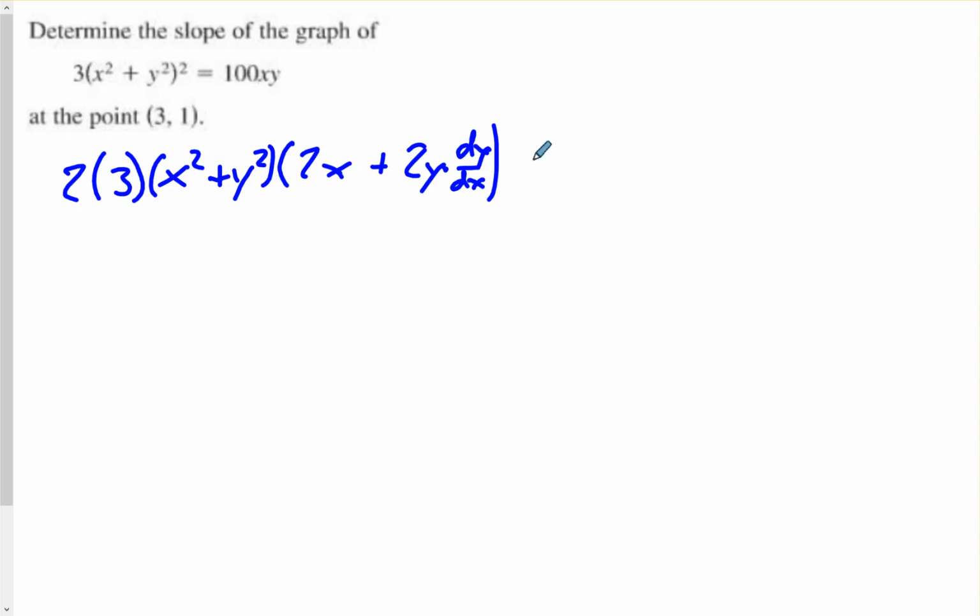Now on the right side, as we take the derivative, we could do 100x times derivative of y, so 100x times dy dx plus y times the derivative of 100x, which is 100.